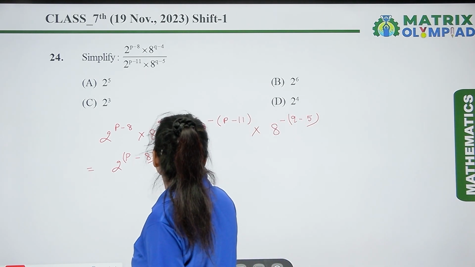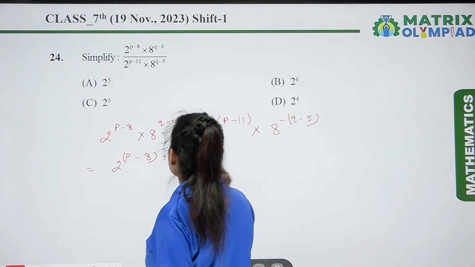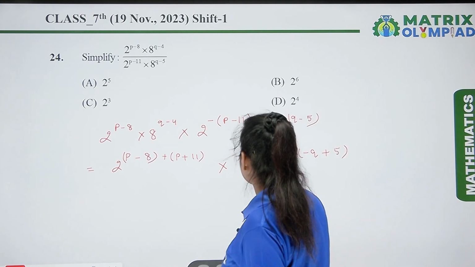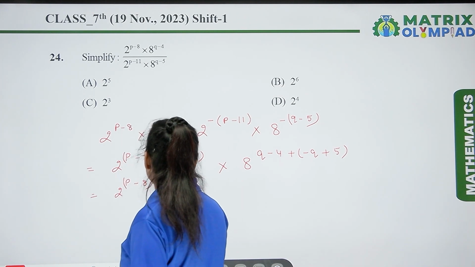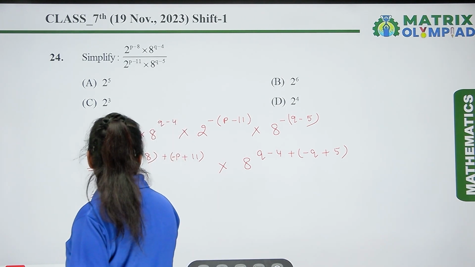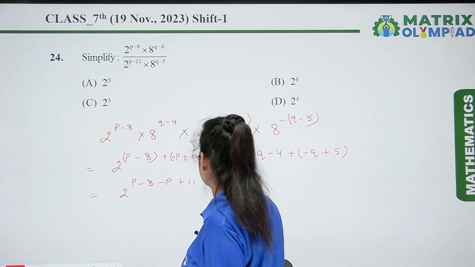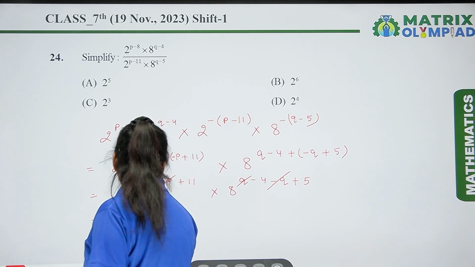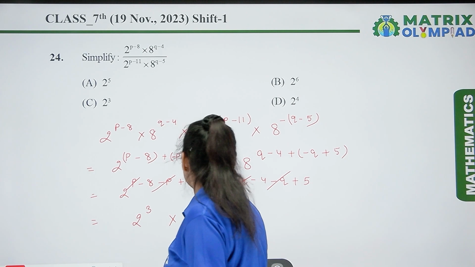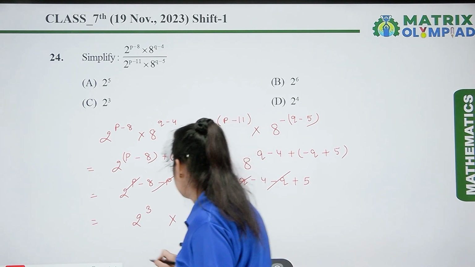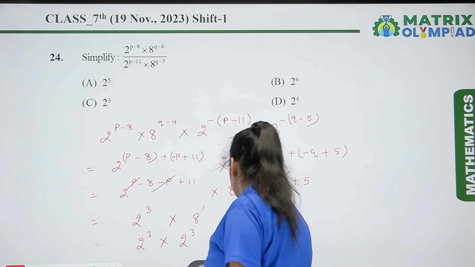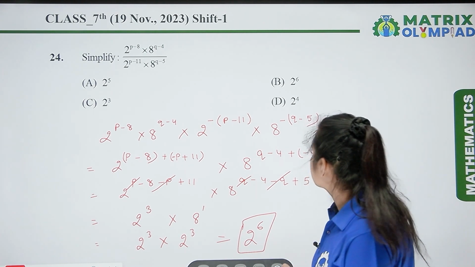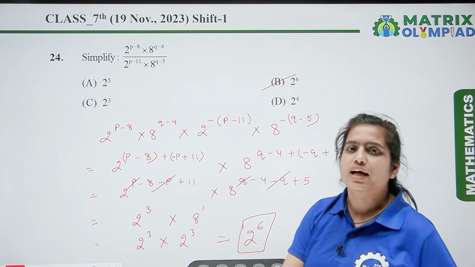So here after solving the question, we get 2 to the power 6. So here option B is the correct answer.